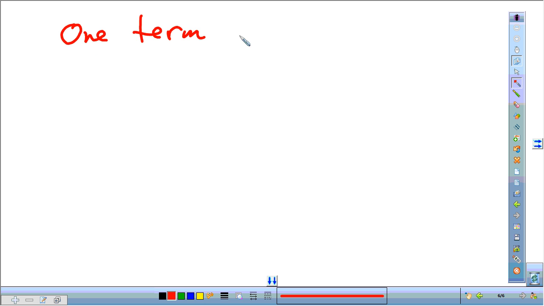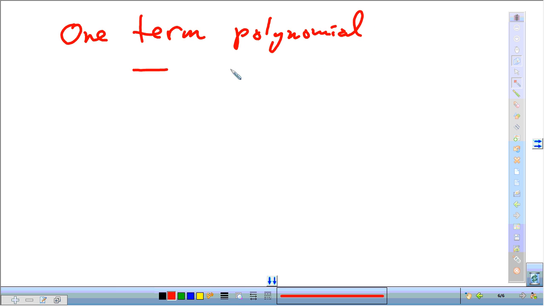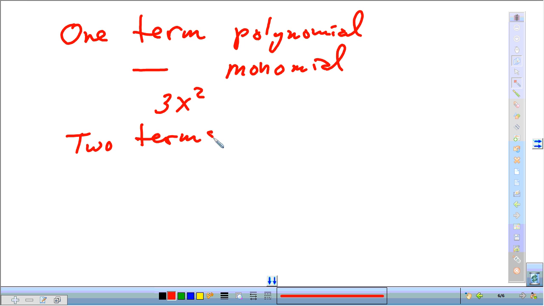So a one-term polynomial is in many cases called a monomial. So examples of those would just be basic power functions like 3x squared, one term. If we go to two terms, it becomes binomial.